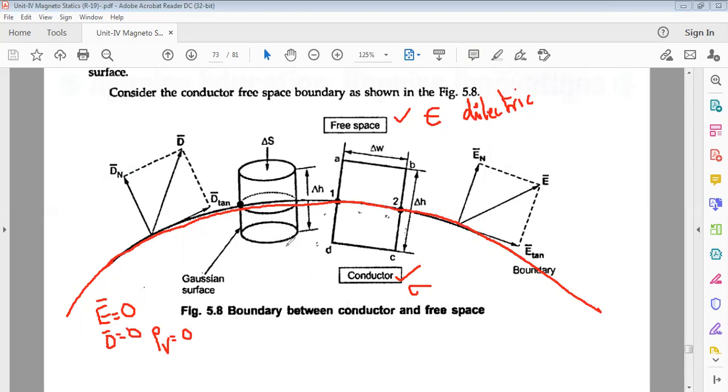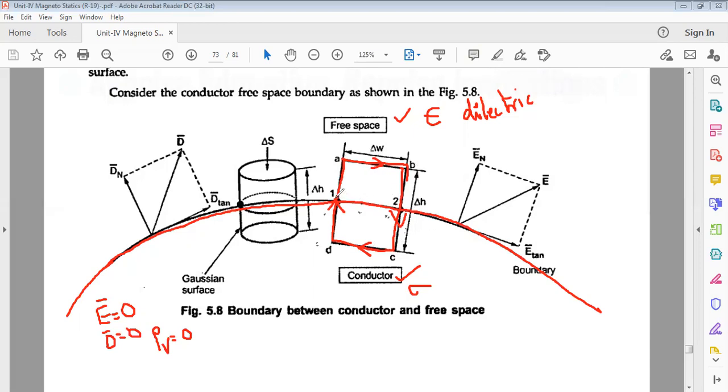To find the tangential component, let us take a rectangle here, A, B, C, D, and A. The direction is also AB, BC, CD, and DA. Observe here, A and B are in the free space, C and D are in the conductor.